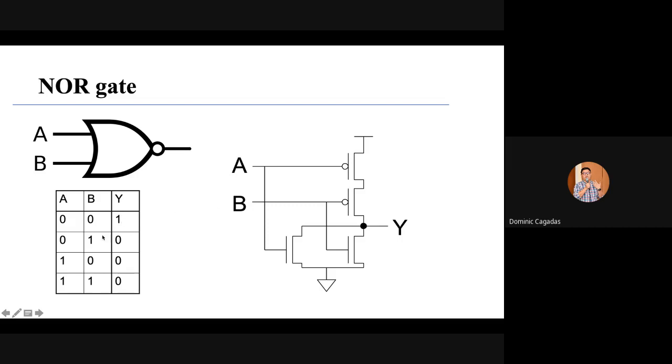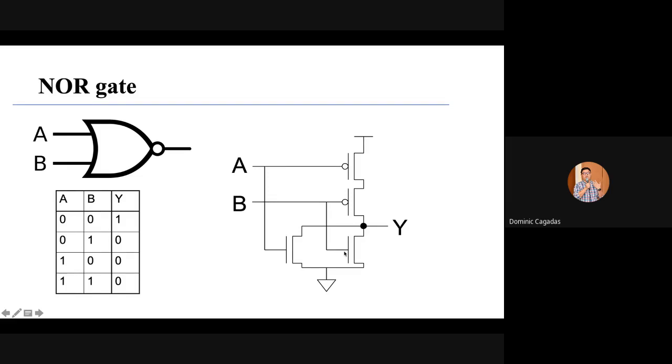Next case, more interesting. If A is low and B is high, A's PMOS is turned on, but B is high, so its PMOS is turned off. Then the NMOS will not matter anymore, either on or off.